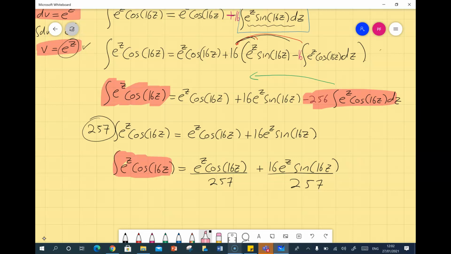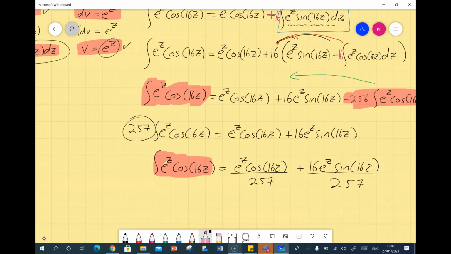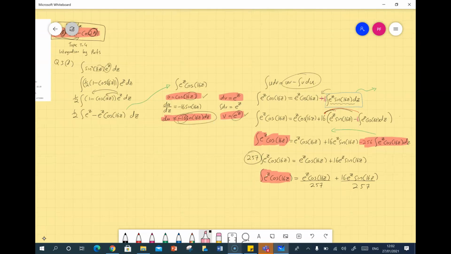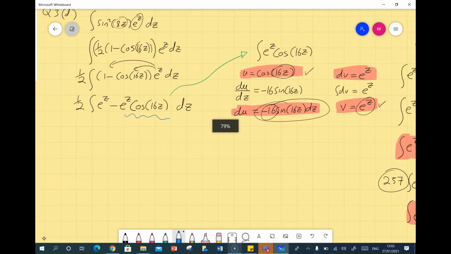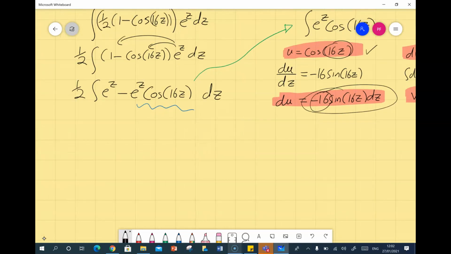Why did I want that? So back now again, we're backtracking. I wanted it here. So inside in here, I have a half times the integral of e to the power of z minus e to the power of z cos 16z. So that's a half times. Now, I know the integral of e to the power of z, it's just e to the power of z, that's grand. And then minus, now, what was the integral of this fella?